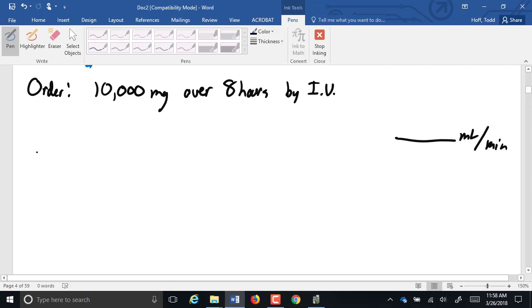They might put PIV, per intravenous. Our label, well, let's say this label is saying that we have 25 milliliters in, or sorry, 25 milligrams, I should say, in 10 milliliters of solution.